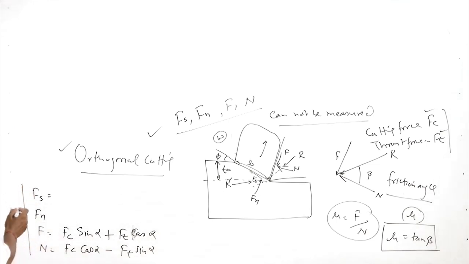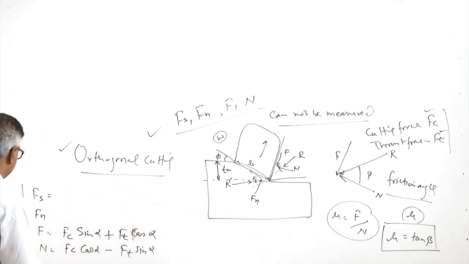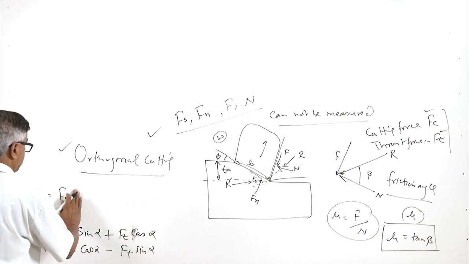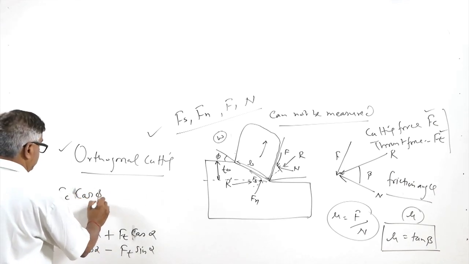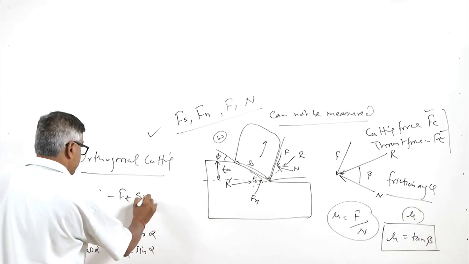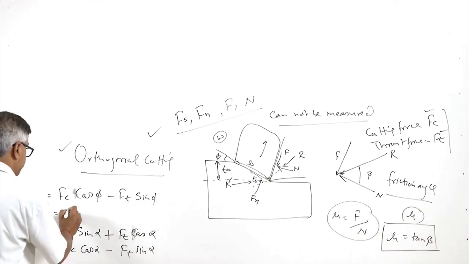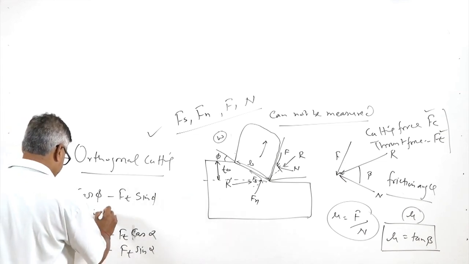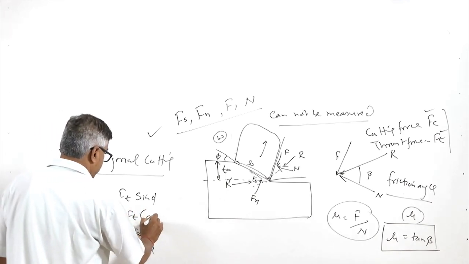friction force, normal force, Fn, the normal force acting onto the shear plane, and the shear force. Similarly, the shear force can be calculated using Fc cos phi minus Ft sin phi, and similarly Fn can be calculated using Fc sin phi plus Ft cos phi.